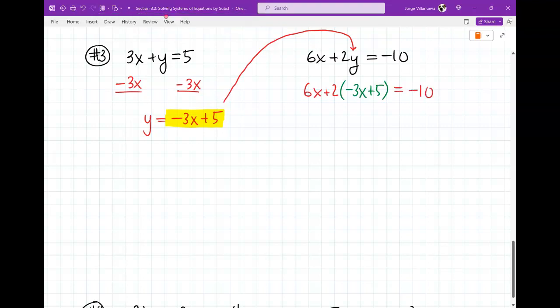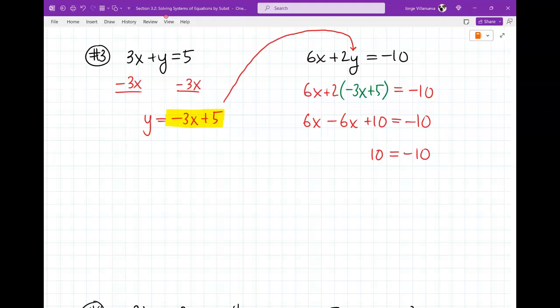All right, so let's distribute: 6x minus 6x plus 10 equals negative 10. Remember what you told me was it cancels out the x's. 6x minus 6x, that's 0. So what am I left with? 10 equals negative 10.